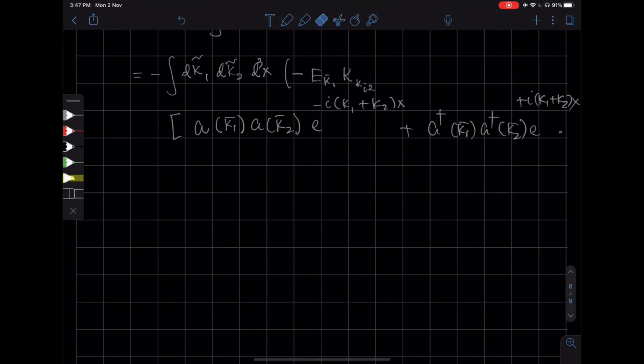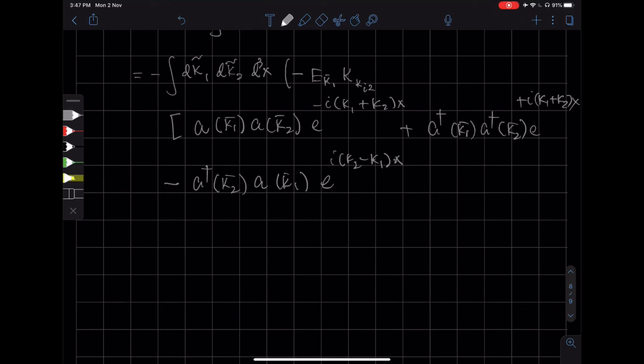Those terms will be minus a dagger of k2, a of k1. We have normal ordered this term, e to the power I (vector k2 minus k1) dotted with x.